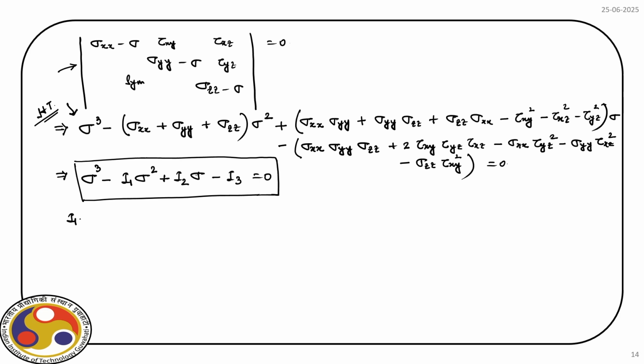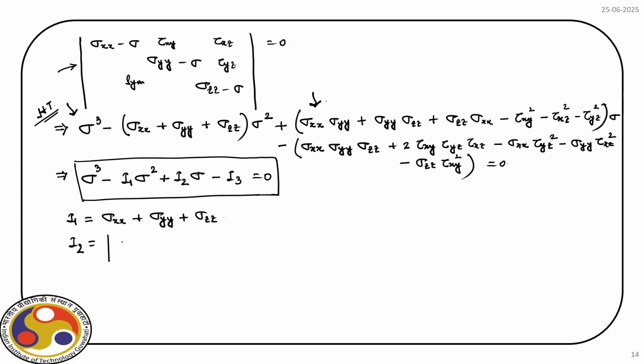So, what is I1? I1 is equal to sigma xx plus sigma yy plus sigma zz. I2 is equal to, you can identify this bracketed term.